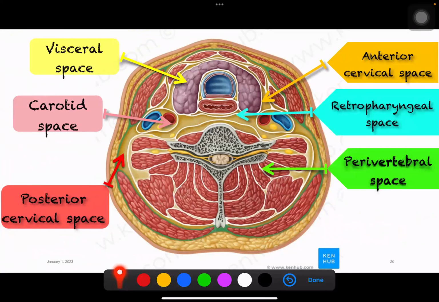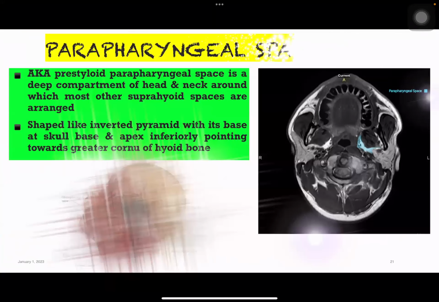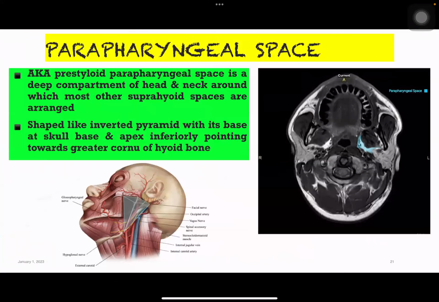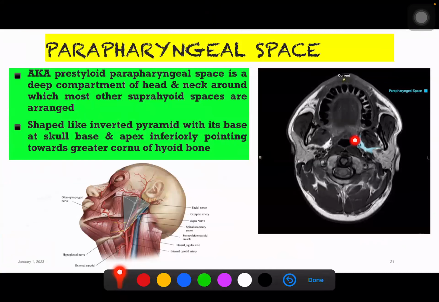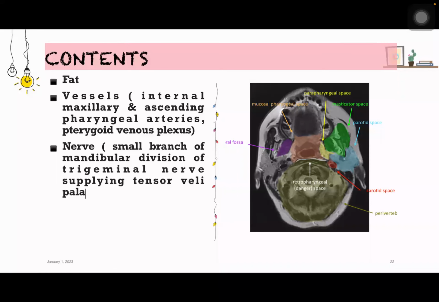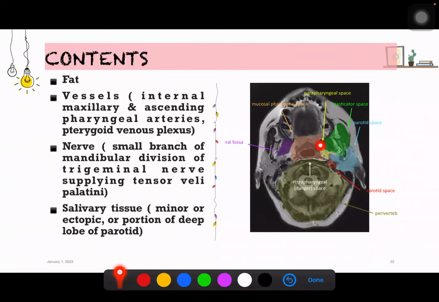So the parapharyngeal space is just a slit-like space lateral to the naso- and oropharynx, and it is shaped like a vertical pyramid with the base at the skull base and the apex at the greater cornu of the hyoid bone. It is a deep space around which most other neck spaces are arranged.